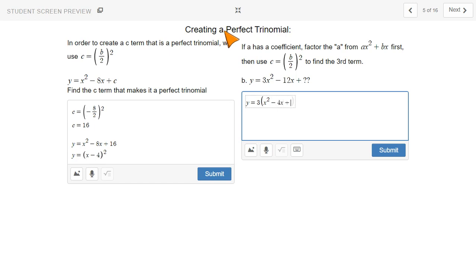Now we're going to take the b term, divide it by 2, and square it. So we have 2 squared is 4, and this is a perfect trinomial. Now as the factored form, we have x minus 2, and the bracket is all squared.